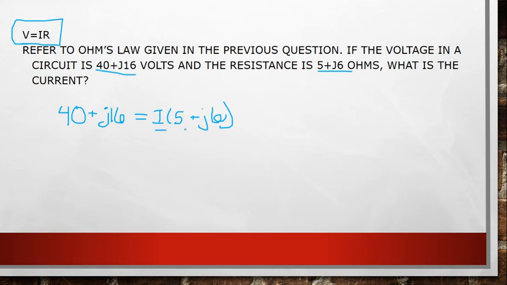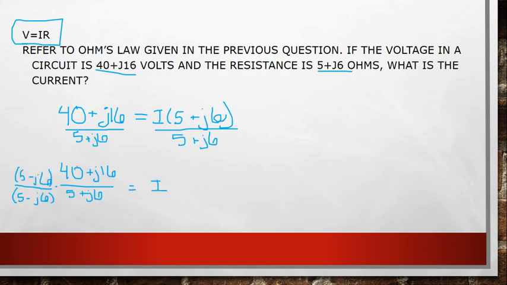So now I have 40 plus j16 divided by 5 plus j6 equals I. So now in order to solve this, I need to multiply the top and the bottom by the conjugate of my denominator. So my conjugate is, I'm just going to change the sign there. So I'm going to have 5 minus j6 is what I'm going to multiply the top and the bottom by, because that is my conjugate.